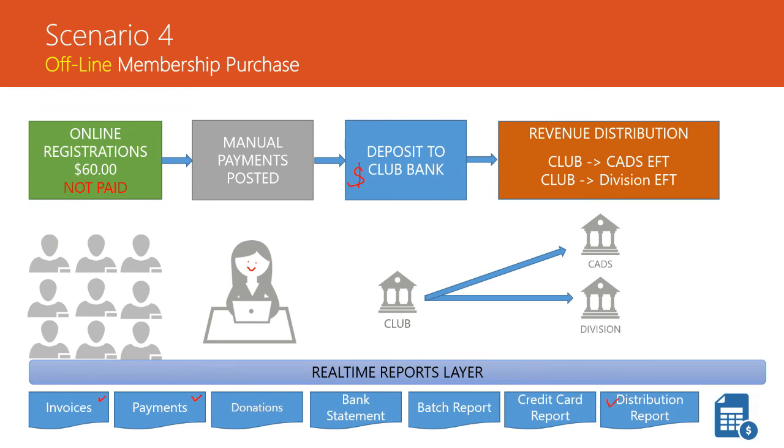So it runs a distribution report, and then it calculates how much goes from the club to CADS and how much goes from the club to the division. And this has nothing to do with your merchant account. This is simply moving money between the bank accounts. And that's how funds will be processed in Snowline.